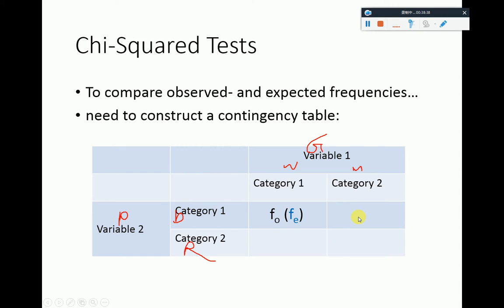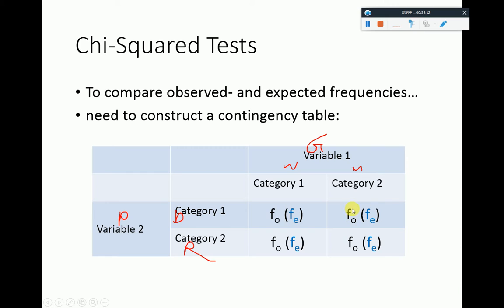And of course, we can also calculate the expected number of women from the sample if gender and party affiliation are not related to each other. So we can also calculate the expected frequency. Our task later on will be to compare if this observed frequency is meaningfully different from the expected frequency. And we'll do the same for the remaining cells.